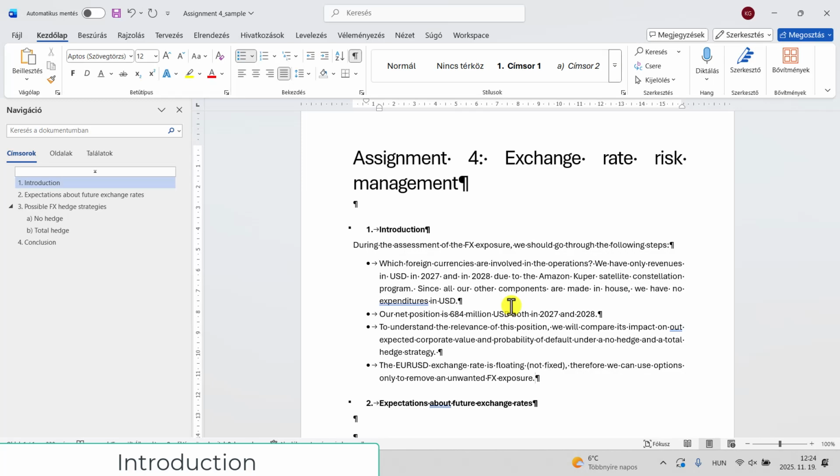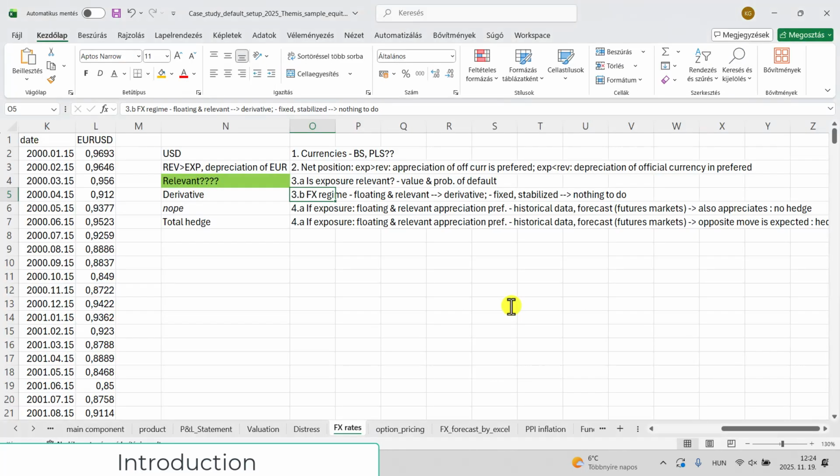So if the government is not fixing us the exchange rate, then we can fix the exchange rate for ourselves by buying options for money. So we can make this exposure explicit at the end of the day.